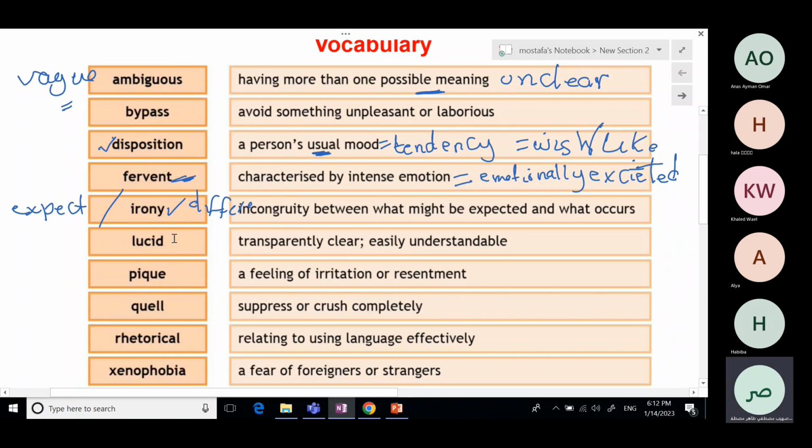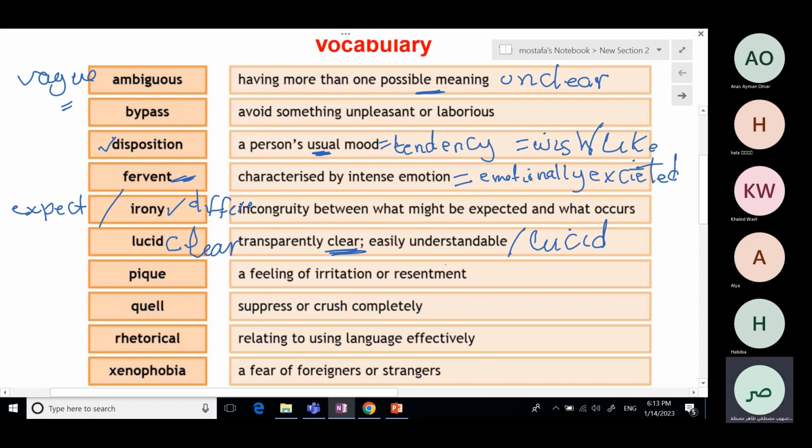Lucid means very clear, easily understandable. So if the lesson is very easy, I can describe the lesson as lucid.